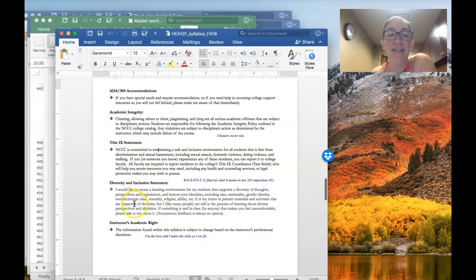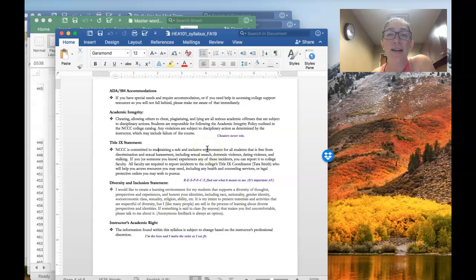The Title IX statement and the diversity inclusion statements are really all about safety and promoting a safe and inclusive environment in the classroom. If you ever feel like you are not safe, please let me know. That includes in your personal life and in the classroom and on campus. Title IX is a legal requirement that I am mandated to report any issues of abuse that are confided to me.